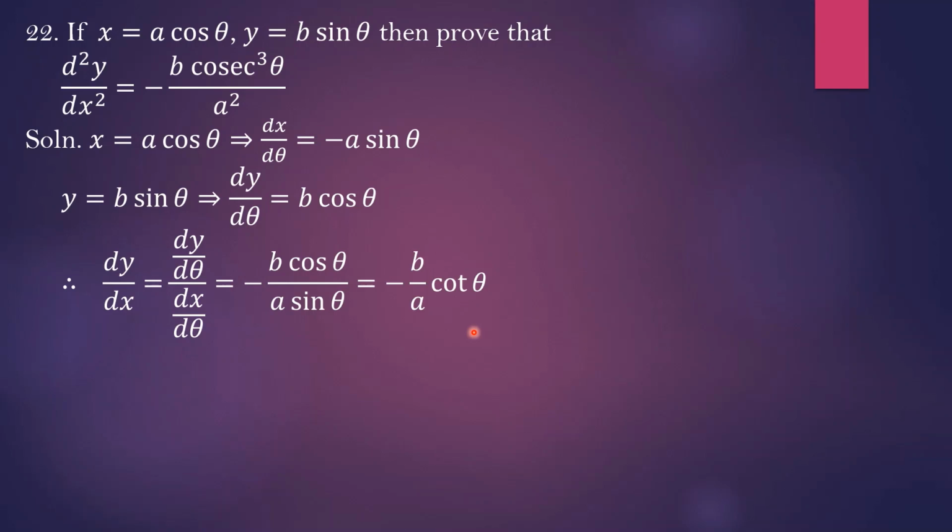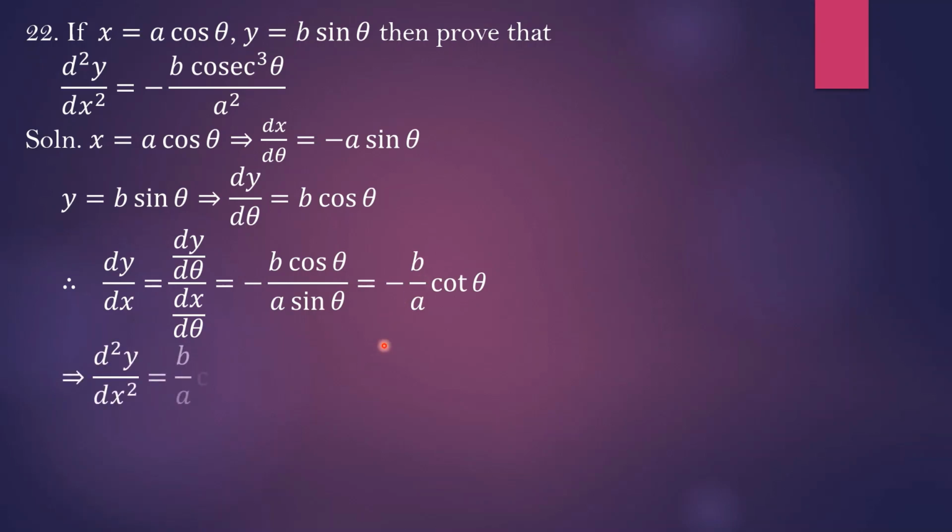So I have to differentiate with respect to x, not with respect to theta, because the question asks for d2y dx2, not d2y d theta 2. Though the right hand side is a function of theta, you have to differentiate with respect to x, because the question requires d2y dx2.